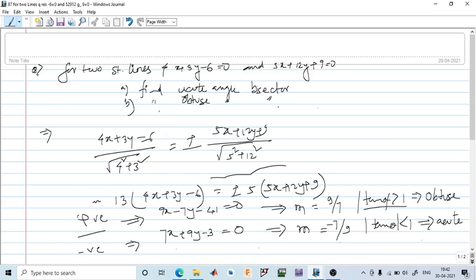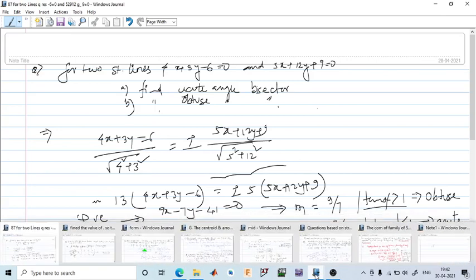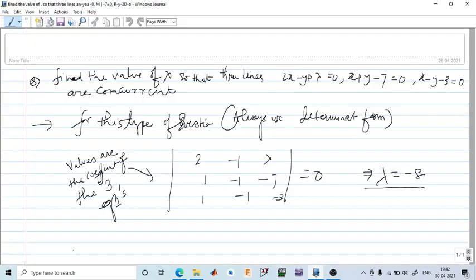So let's go to the new question. In this question, what is given? Three lines are given, and in the first line, instead of a value, lambda is given, and it is said that they are concurrent. Then find the value of lambda.